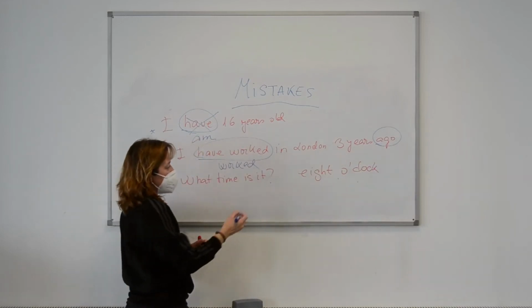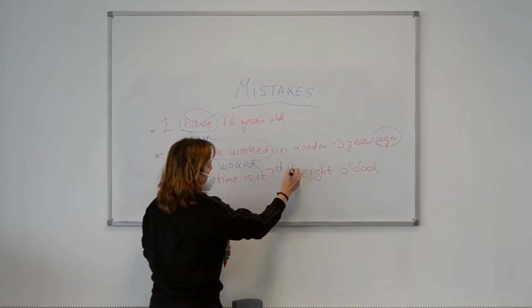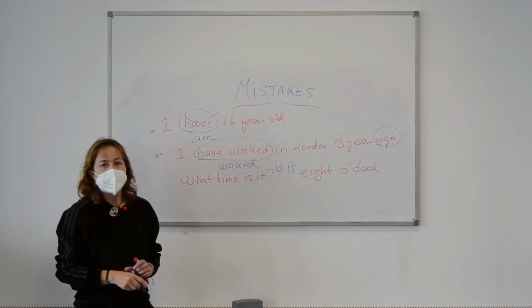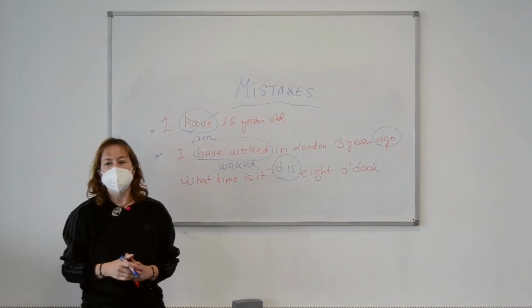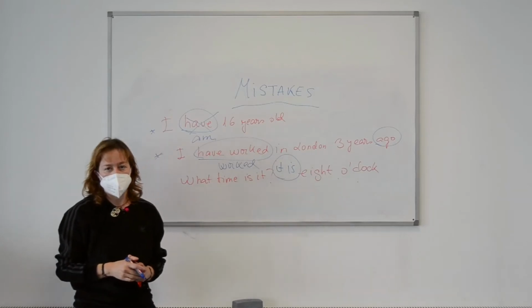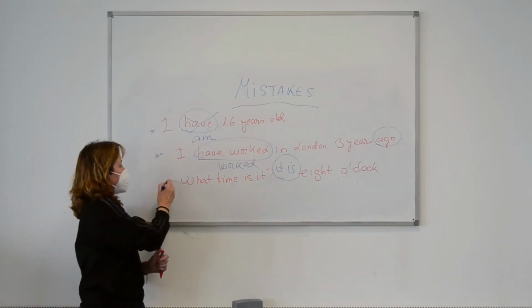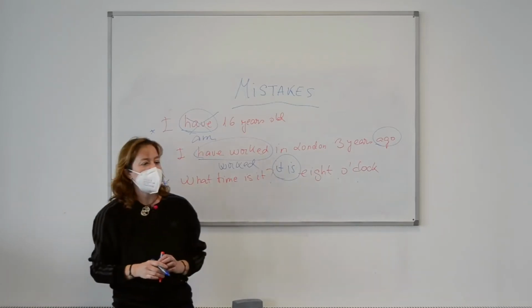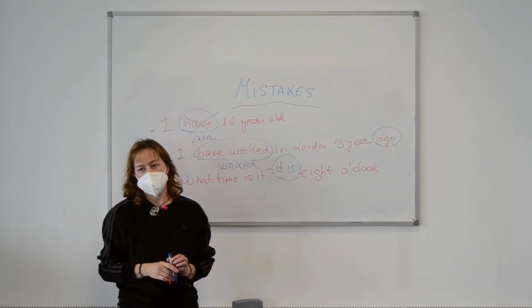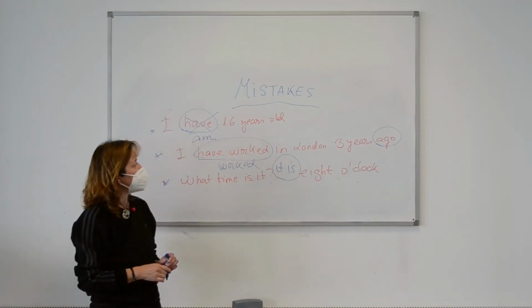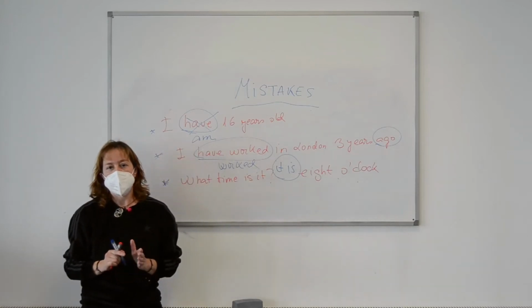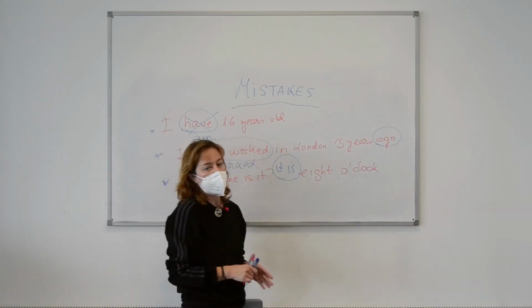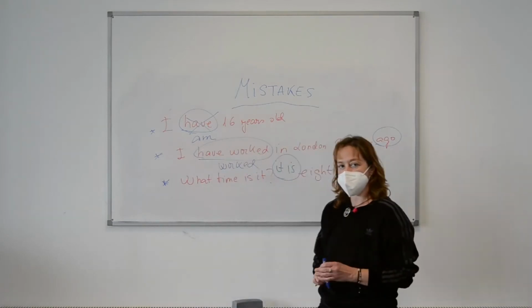We should say, "It is 8 o'clock." We should never forget the subject and the verb in order to refer to time, okay? The same happens in many sentences when we omit the subject. In English, it's completely necessary that the subject is in all sentences, always placed before the verb and at the beginning of the sentence, okay?